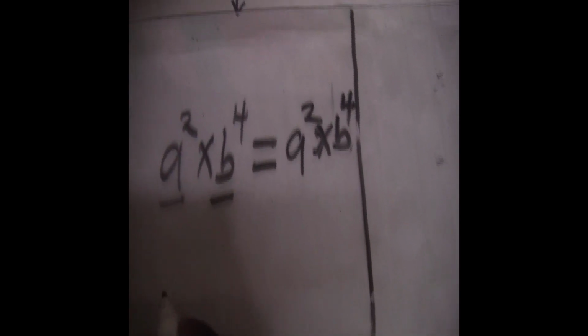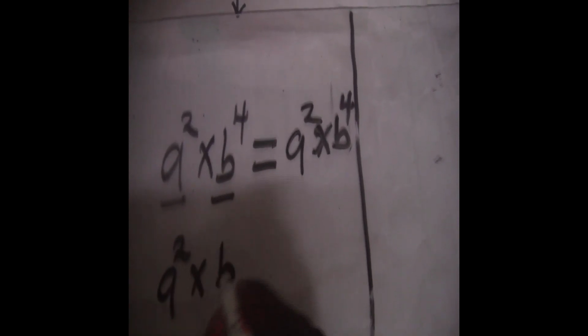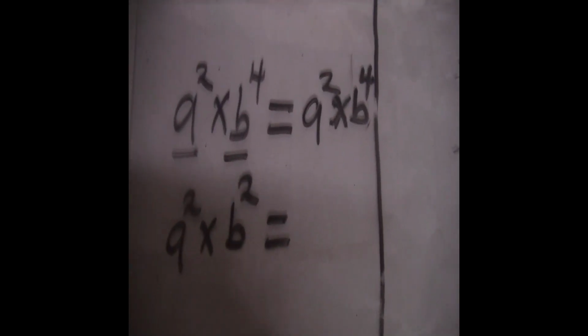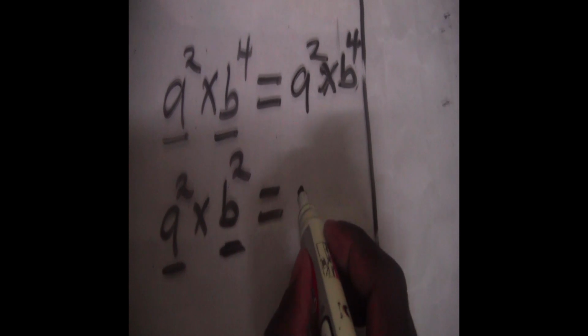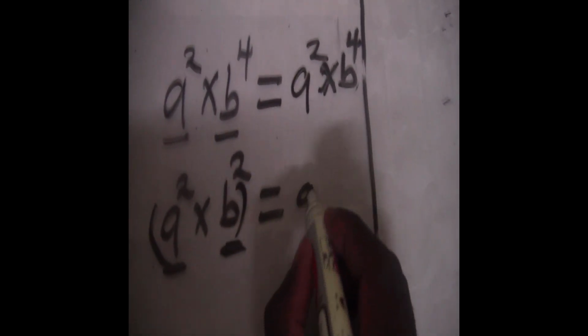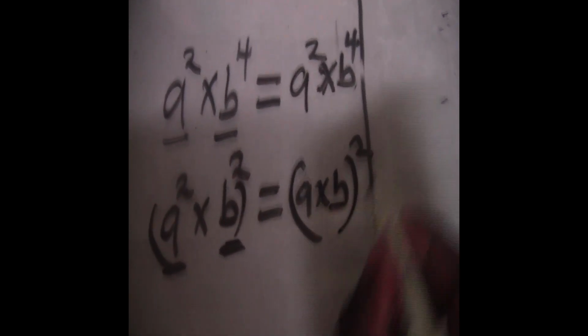And then when you're given a raised to power 2 times b raised to power 2, also here our bases are not the same, but this one can be made simpler. You can factorize, so it will be a times b in brackets raised to power 2.